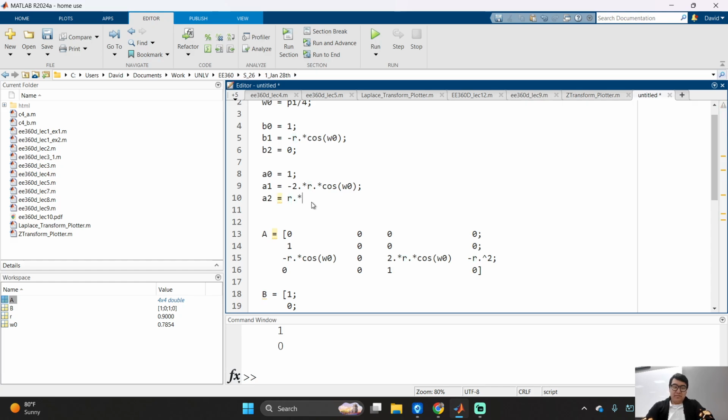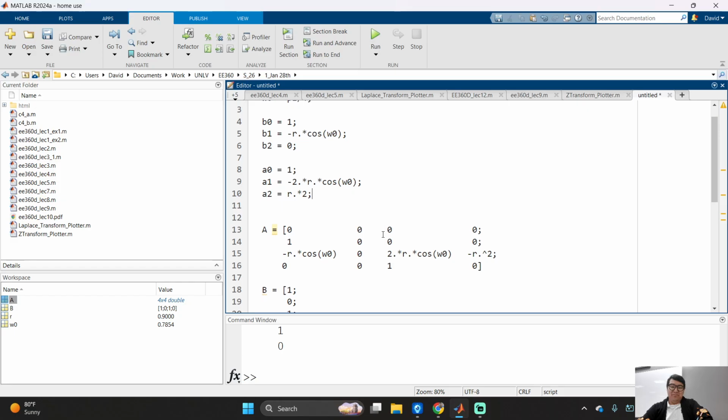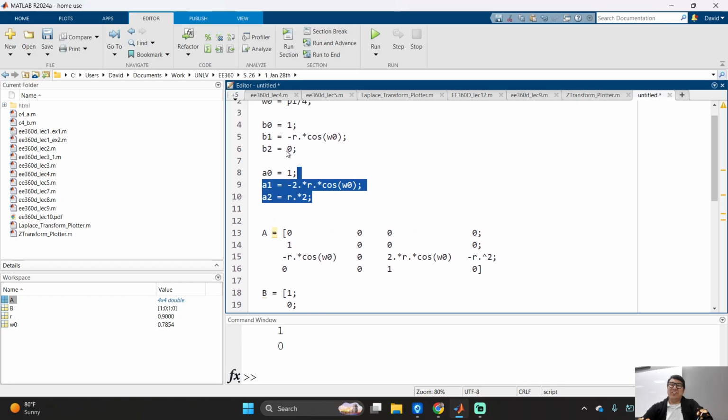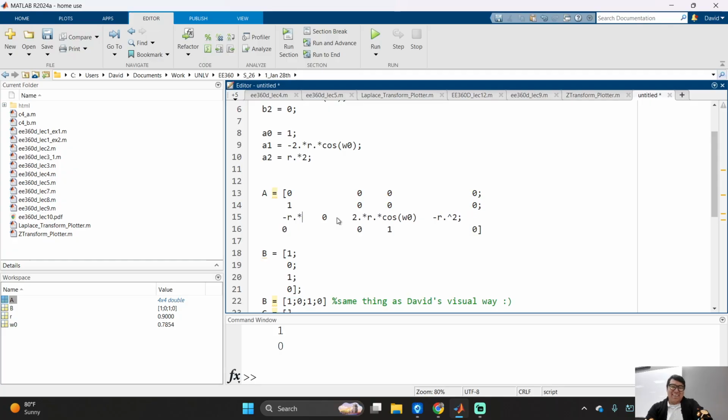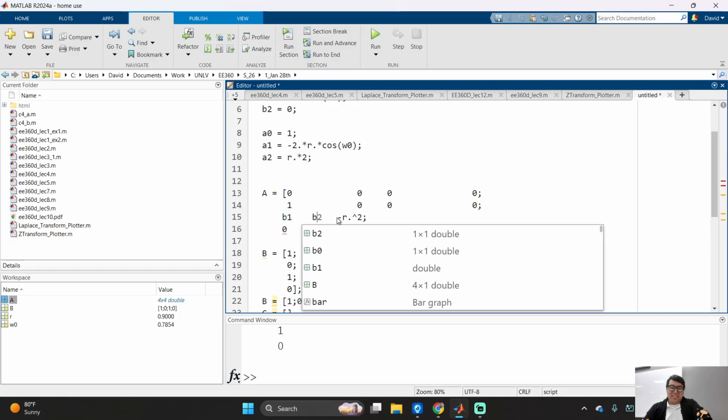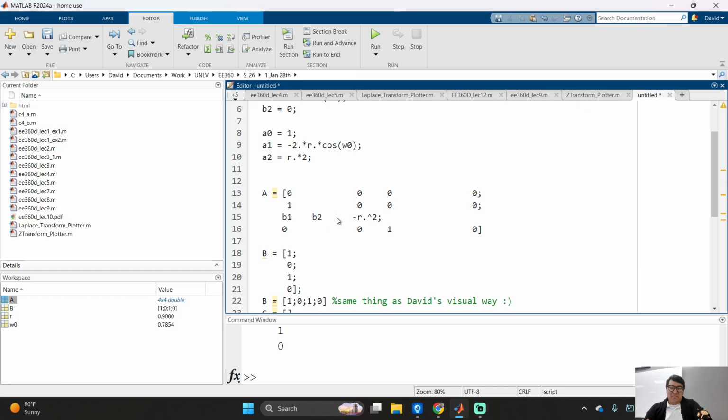R2. Okay? What am I going to do now that I've set all these variables so that I don't have to change them multiple times? B1. B2. Minus A1. Minus A2.